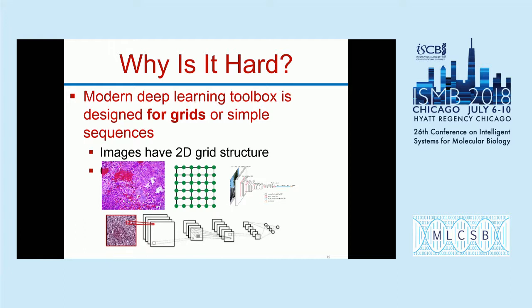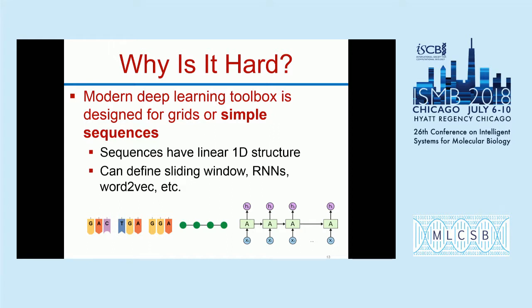You can imagine images as a simple grid where each pixel is a node, and that pixel has some neighbors going up, down, left, and right, and you might have multiple channels. Similarly, you can think of a sequence being yet another graph, which is a simple linear chain. And if you think of a sequence like that, which is what most recurrent neural networks do, you can define sliding windows, you can define Word2Vec skip-gram objective models, and various types of recurrent networks.